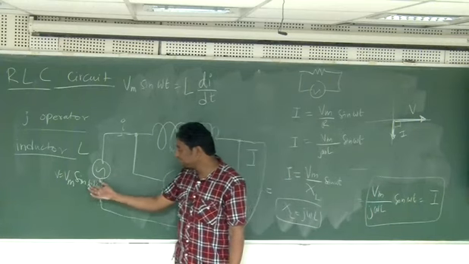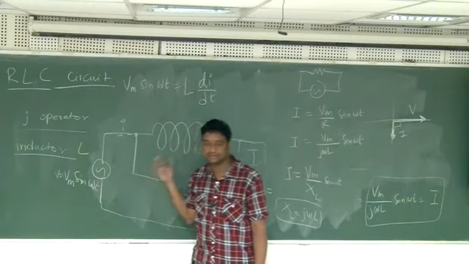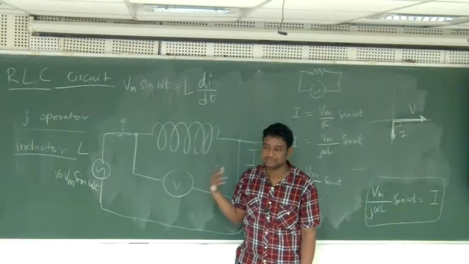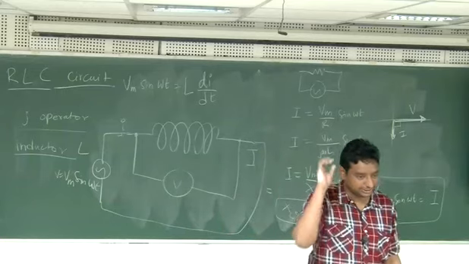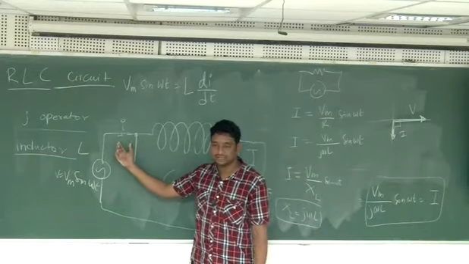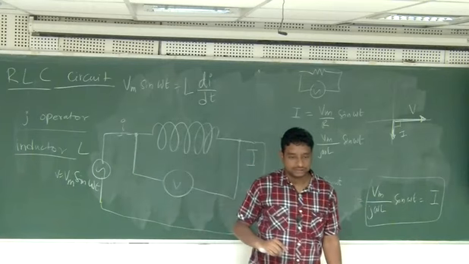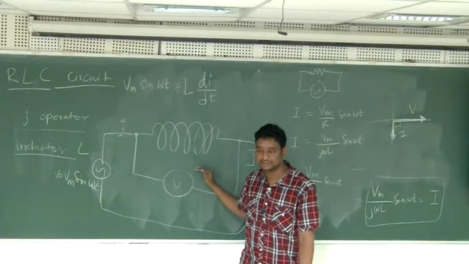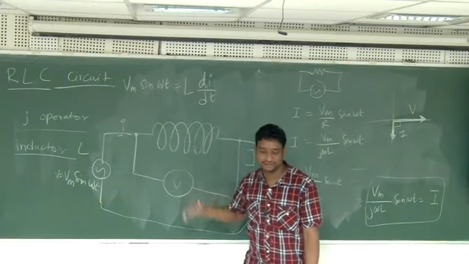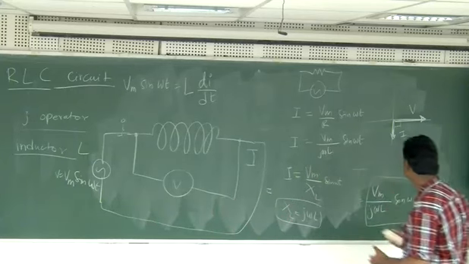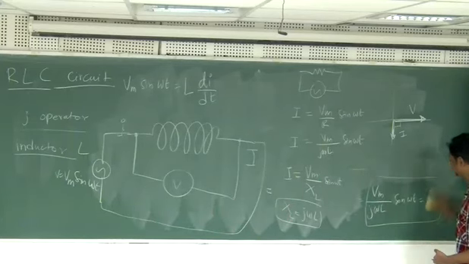If I keep on increasing the frequency of the supply, the inductor will offer more and more reactance or impedance. I'm not using the word resistance, but it's opposition, and that will make the current less and less. So the higher the frequency, the higher is the opposition offered by the inductor.